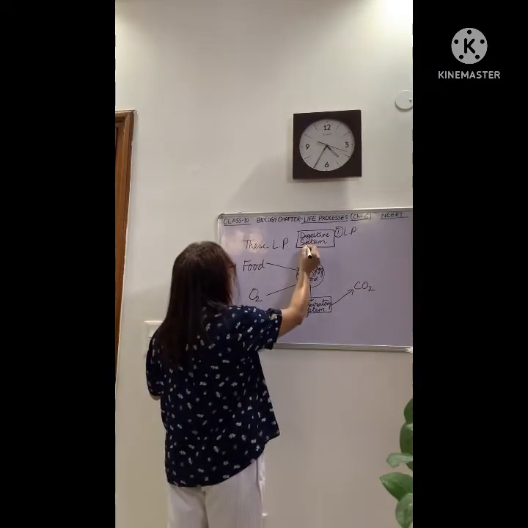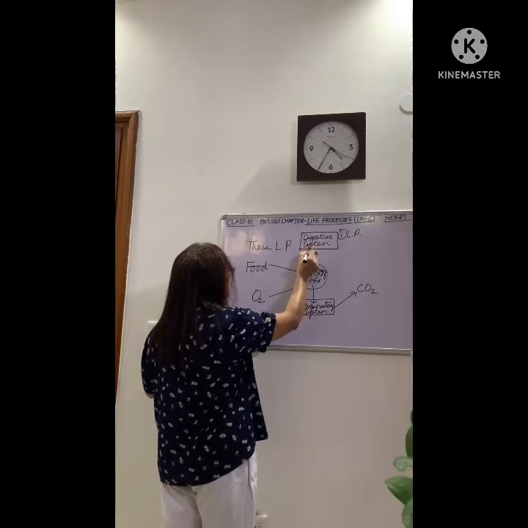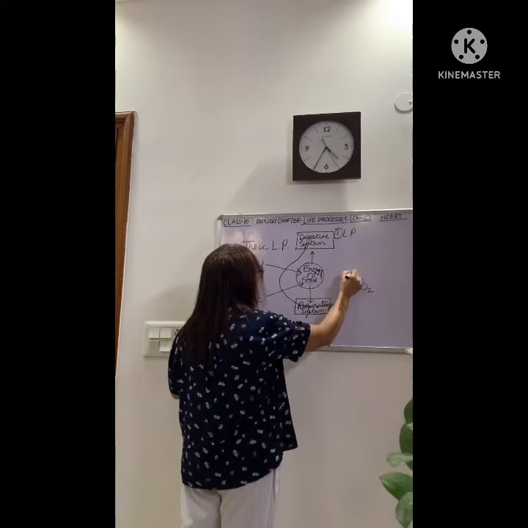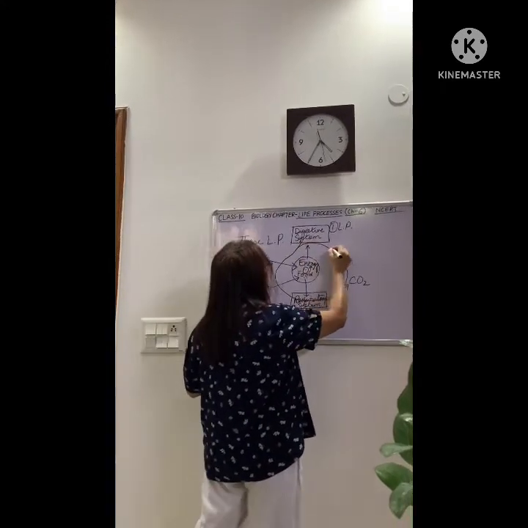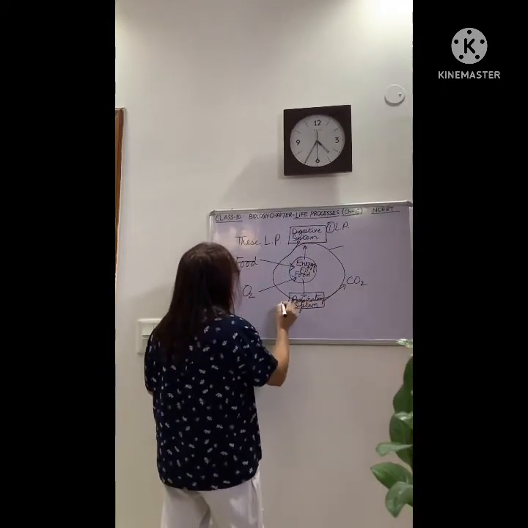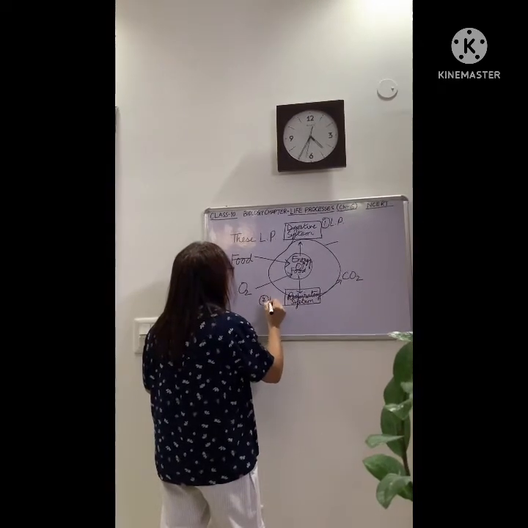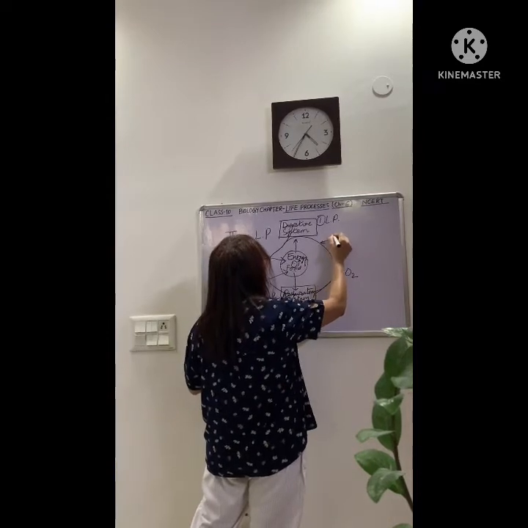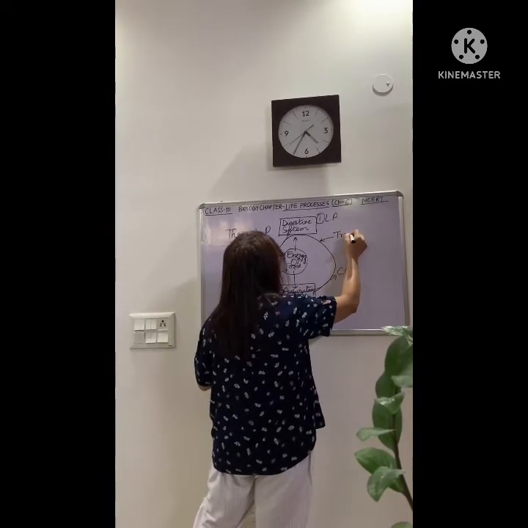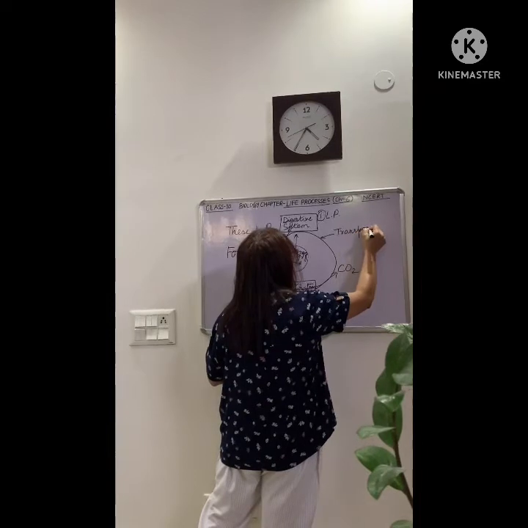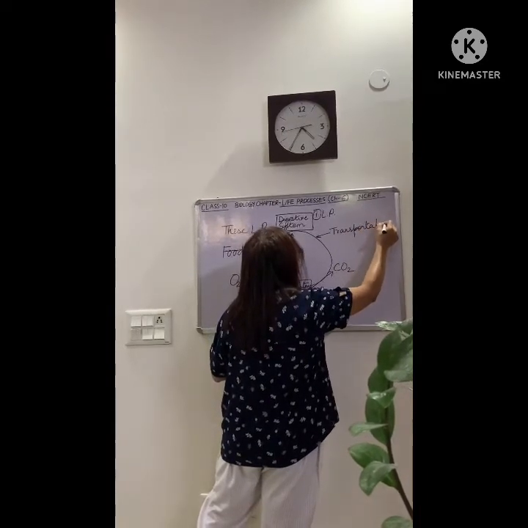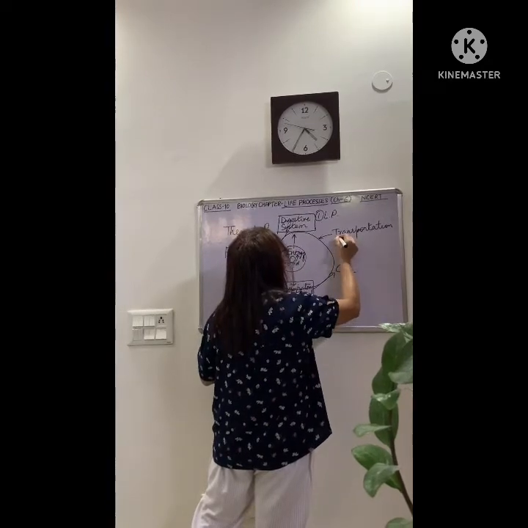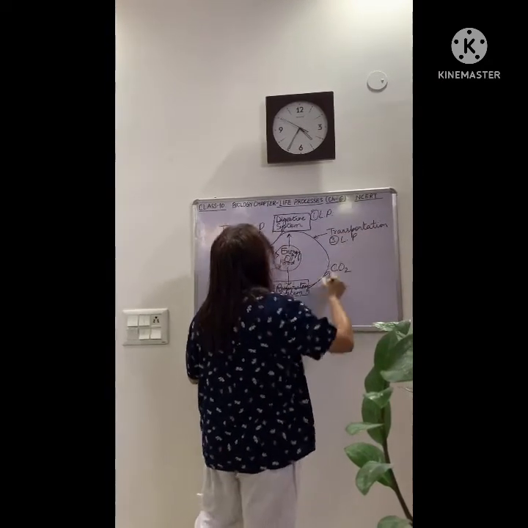So we have a transport system. I'll draw it like this. This respiratory system was the second life process, and this transport system or transportation is the third life process.